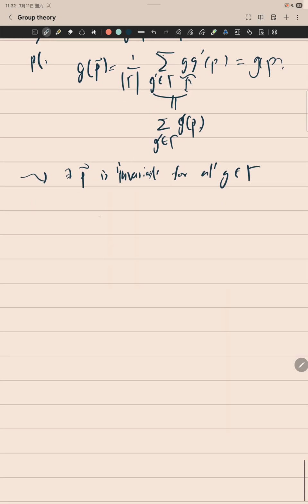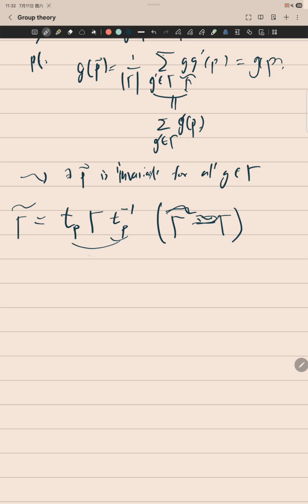We define the translation T_P inverse, translation by negative P, and gamma, and the T_P. Let's consider the group gamma tilde. Obviously gamma tilde is isomorphic to gamma, because this is somehow the inner automorphism, right? This is an inner automorphism, so this is indeed isomorphic.